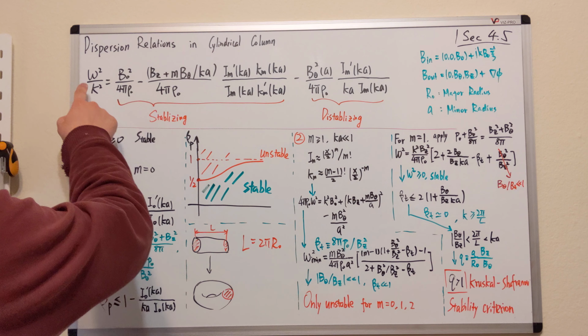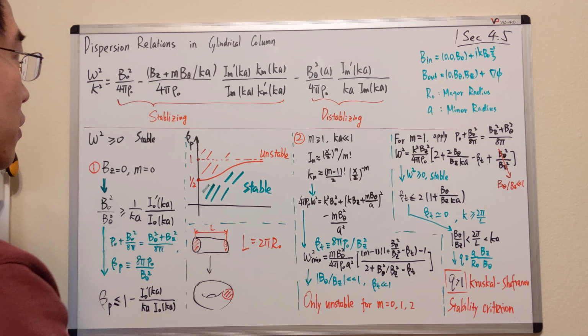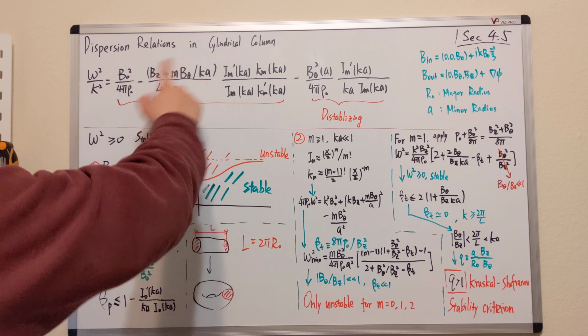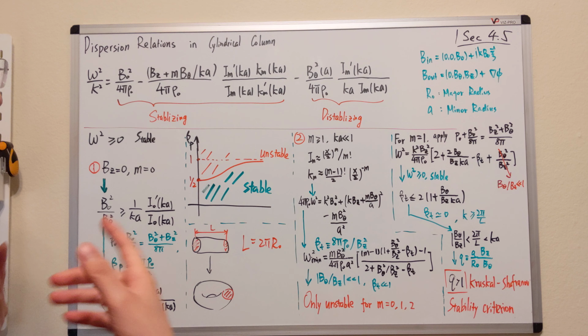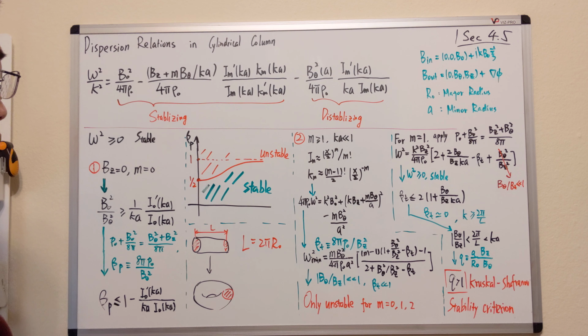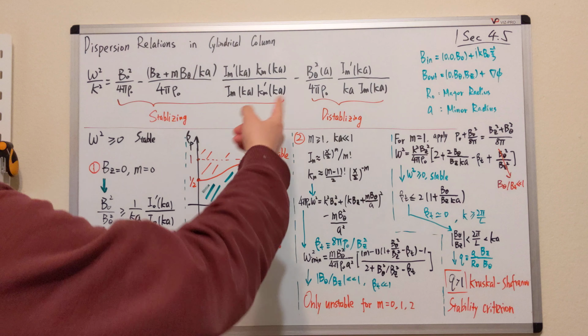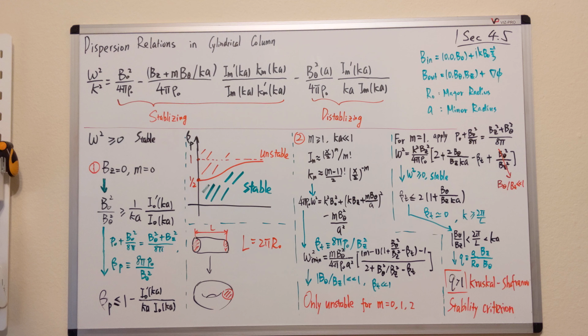So we want omega squared to be positive. Any term here that becomes positive will be considered a stabilizing term. On the other hand, if it's negative, then it will become a destabilizing term.